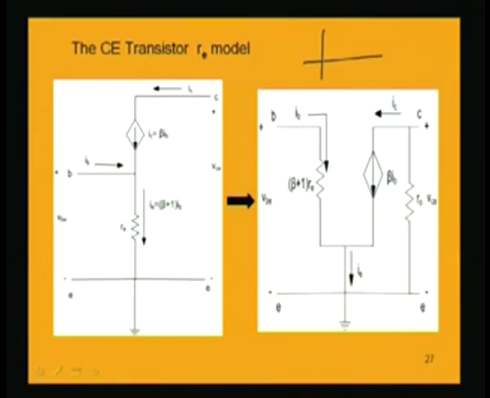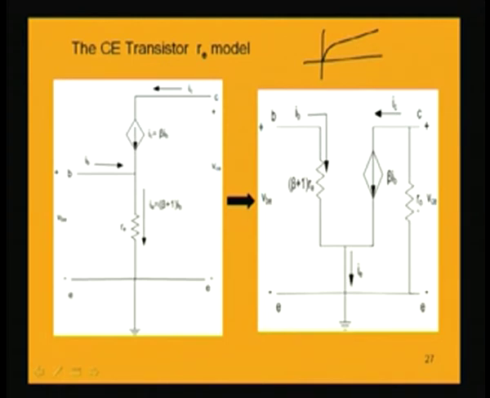If we just remember the common emitter output characteristic, it was having a slope to the right. Because of this slope there is a resistance which is not infinite, which is less than infinite. That has to be incorporated to exactly represent this transistor in its equivalent model.